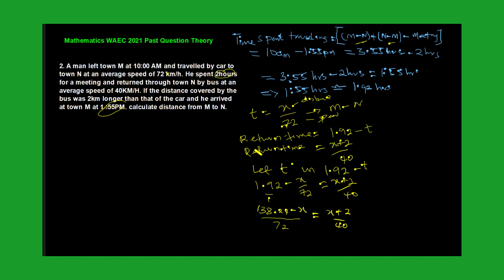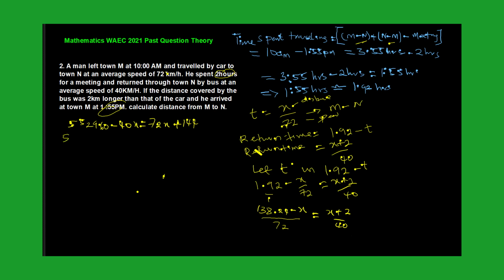Dividing by 40, that would be 5529.60 minus 40X all equals 72X plus 144.